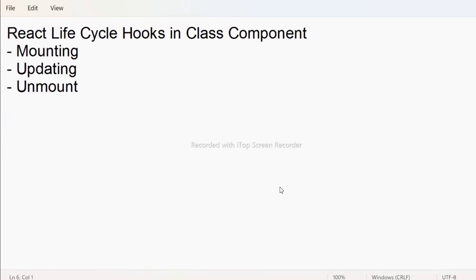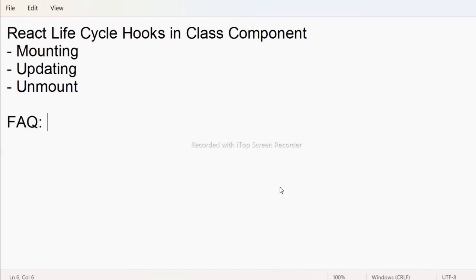The mounting phase is initializing the memory. The updating phase is identifying the changes. And the unmounting phase is unloading, which means it unregisters all the registered methods and cleans up the memory. Right.